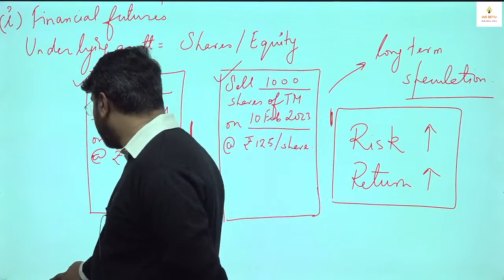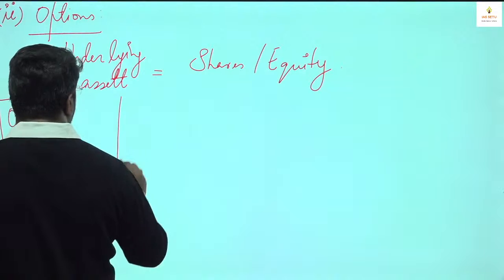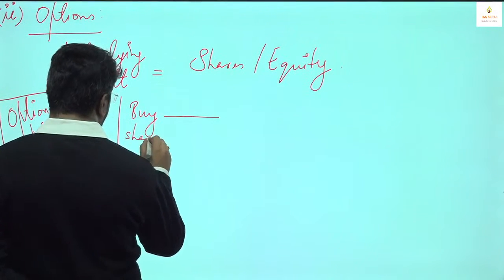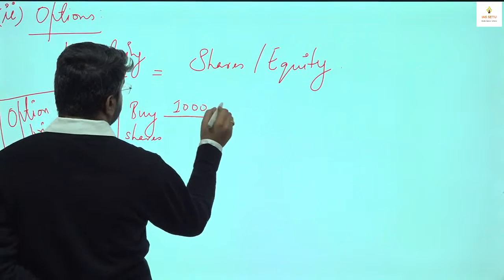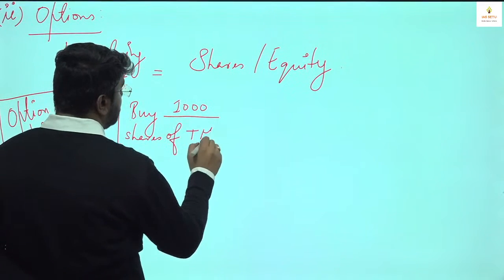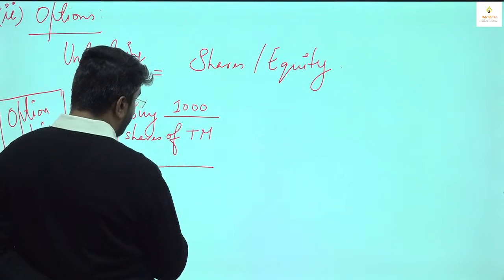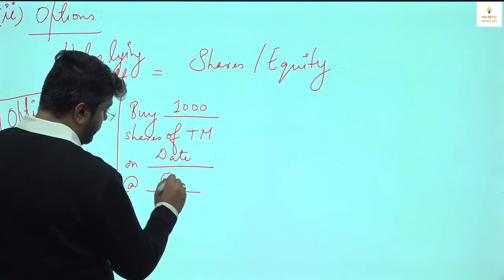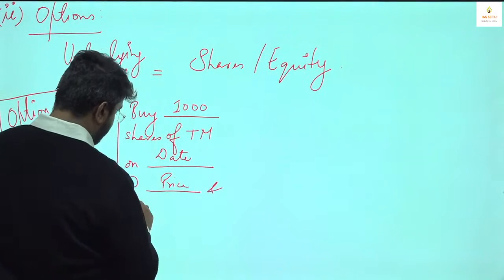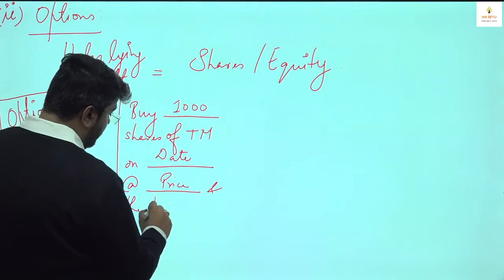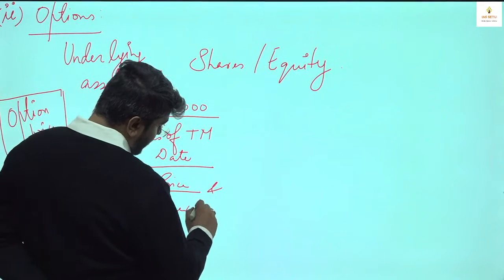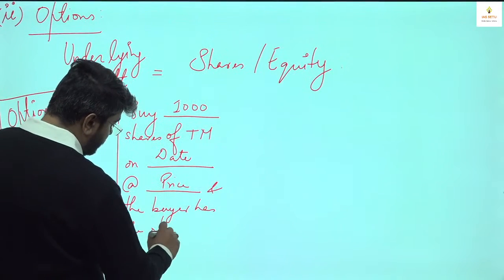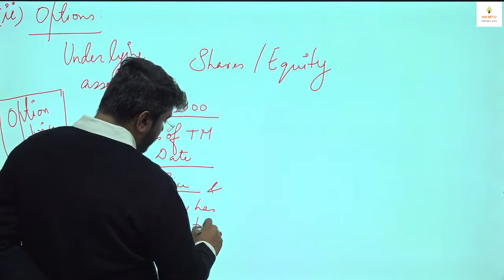So I can say: buy these many shares, 1,000 shares of Tata Motors on this particular date at this price, and the buyer has the option to call off the deal.